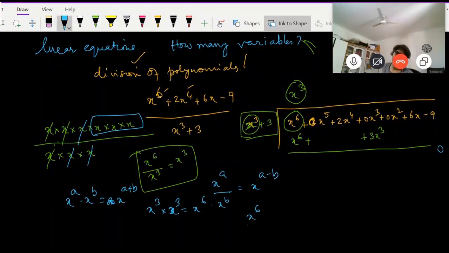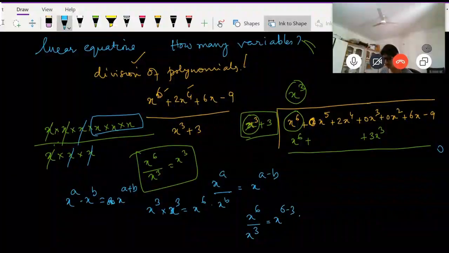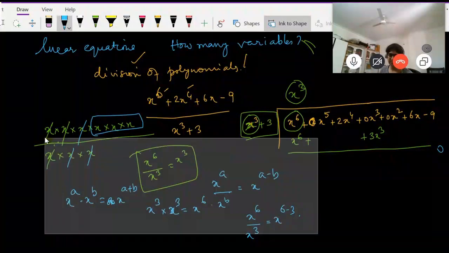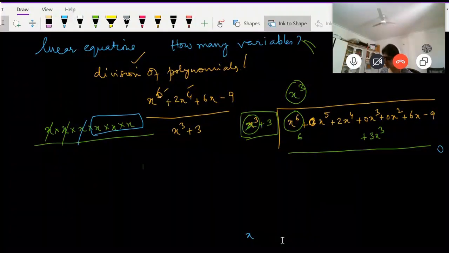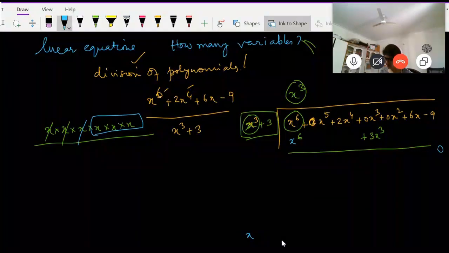So x to the power 6 by x to the power 3 is x to the power 6 minus 3. Clear? Okay, so we have x to the power 6 here and 3x cube here.